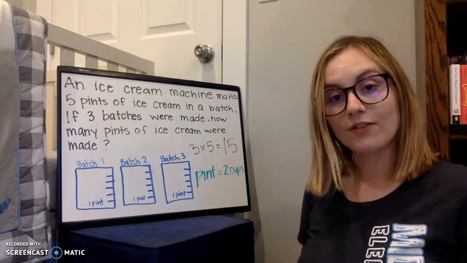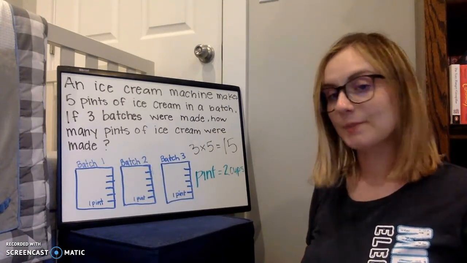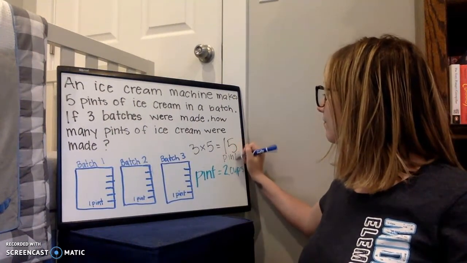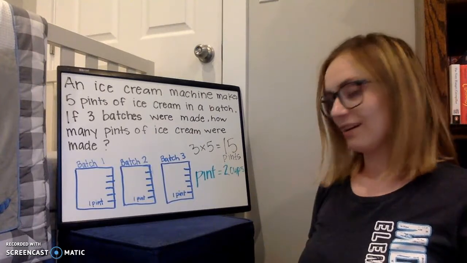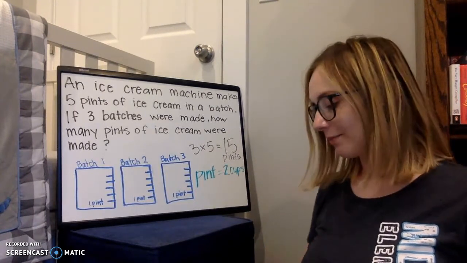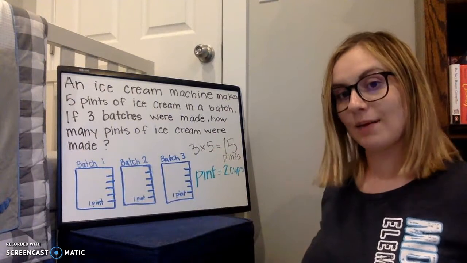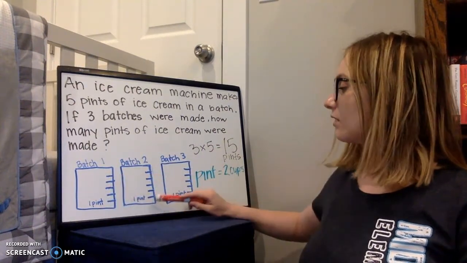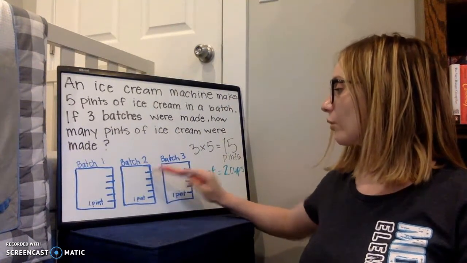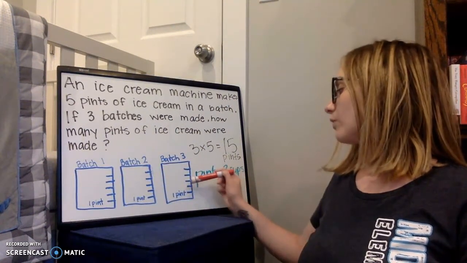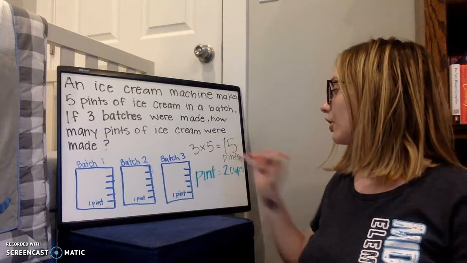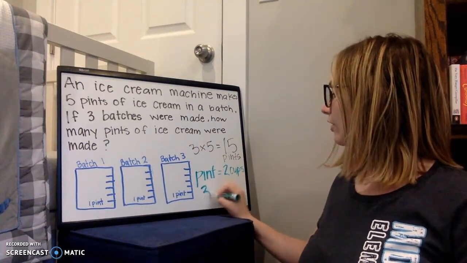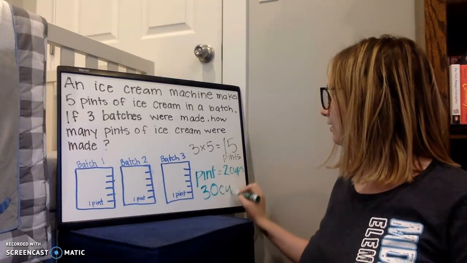In order to solve that, in order to figure out how many cups, because this is 15 pints, I could go back and count by 2s for everything, right? Because if 1 pint equals 2 cups, then I could just go, okay, 2, 4, 6, 8, 10, 12, 14, 16, 18, 20, 22, 24, 26, 28, 30. 15 pints equals 30 cups.